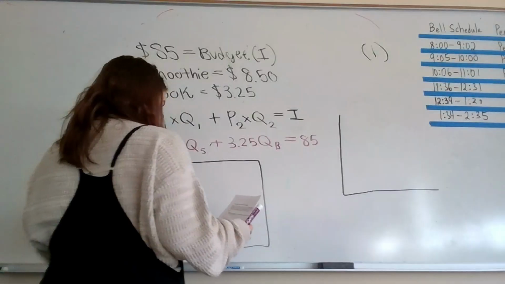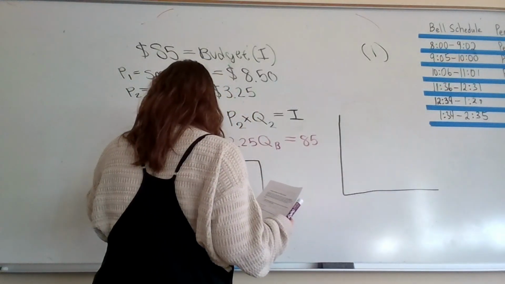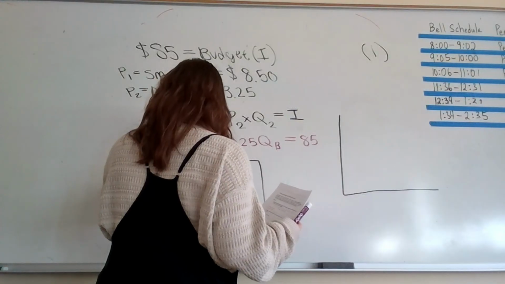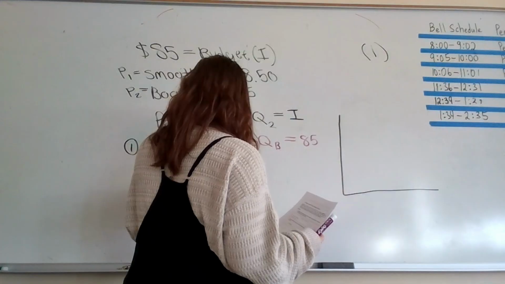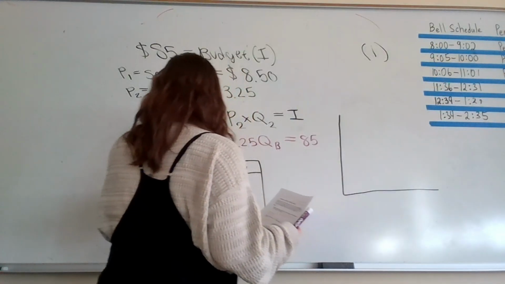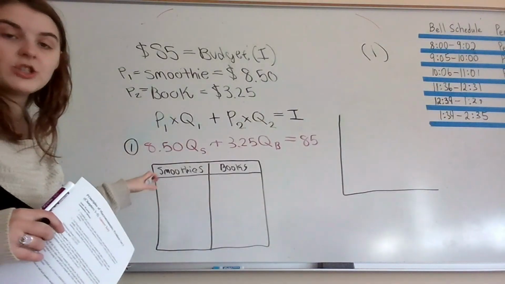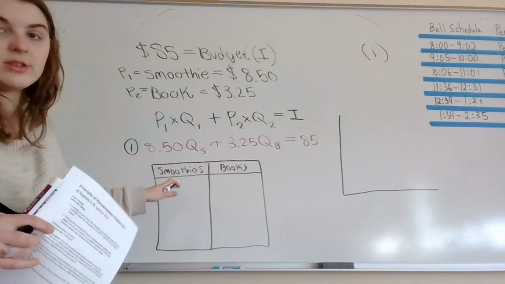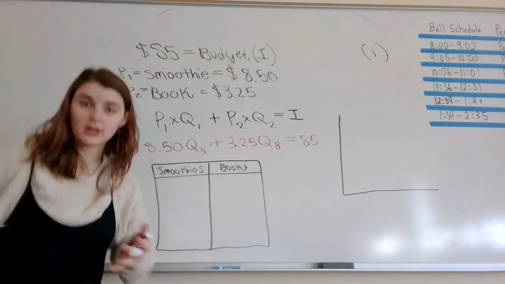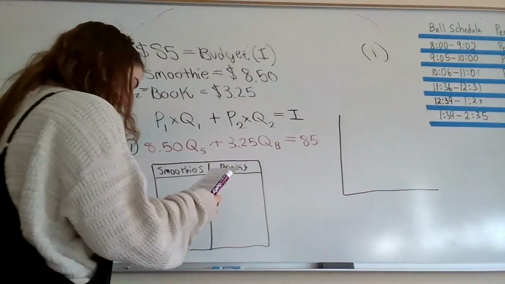You can do it by hand or on Excel. We've got smoothies on one side, and we've got books on the other. Remember, to be able to consume more smoothies, you have to give up books, and to be able to consume more books, you have to give up smoothies. That's the opportunity cost, or the cost of giving up one thing for the other.